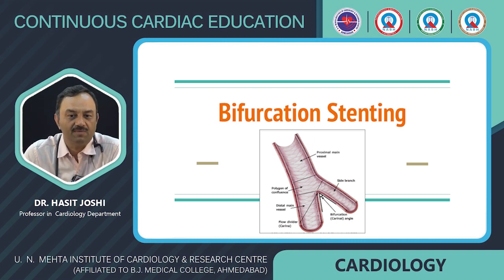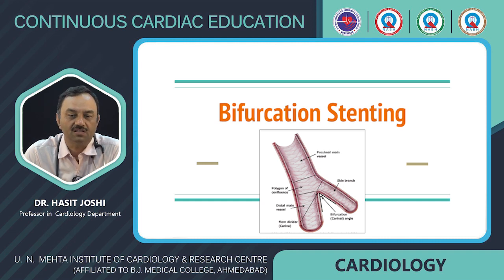Why is bifurcation important? Because stenting a main branch results in plaque shift and change of carinal angle towards the side branch, and the TVR since long has remained high at bifurcation sites, about 3 to 4 times more.